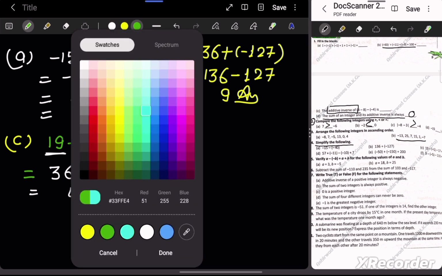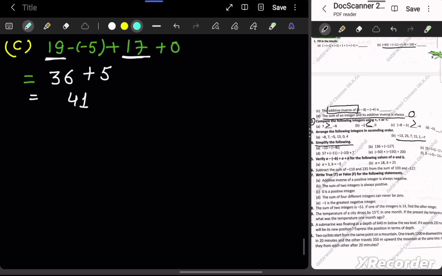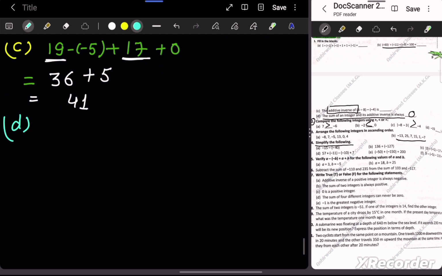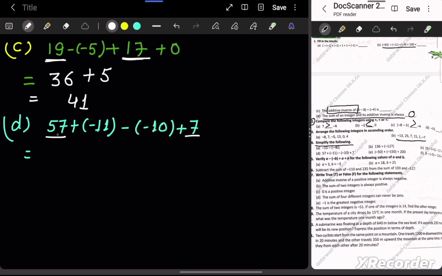Now next color is okay. D part. What is D part? 57 plus minus 11 minus 10 plus 7. 57 and 7 are positive integers.